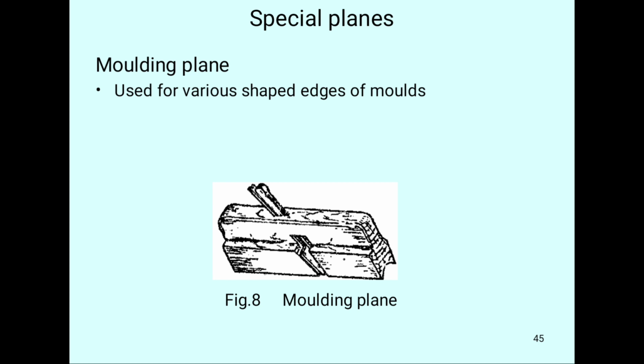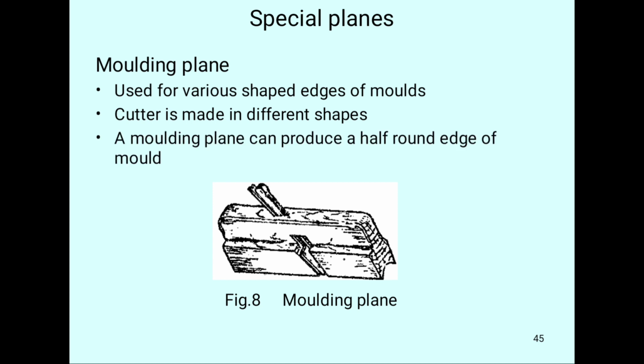Whatever wooden molds are prepared by the carpenter, those mold edges are going to be shaped by this plane. The cutter is made in different shapes. Whatever cutter we are using in this special molding plane is made in different shapes.